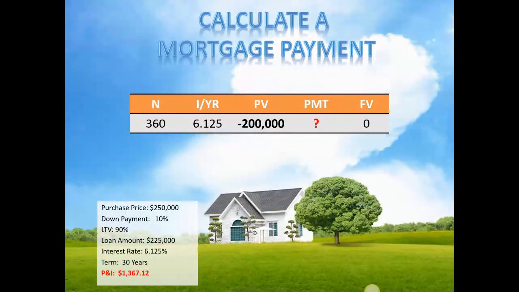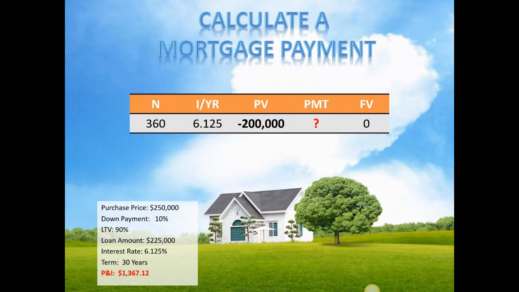So they say to you, well, suppose we put down more money. Suppose instead of taking a $225,000 loan balance, we take a $200,000 loan balance. We put down $50,000 in cash in order to reduce our payments. How much would that reduce the payments?